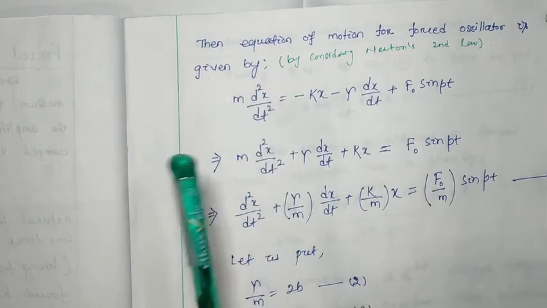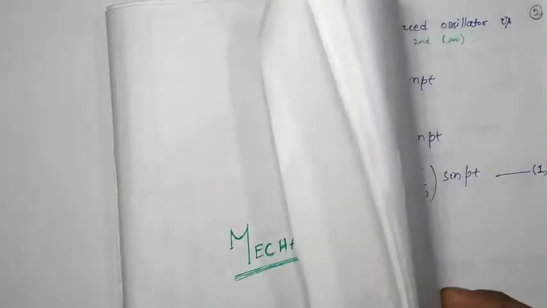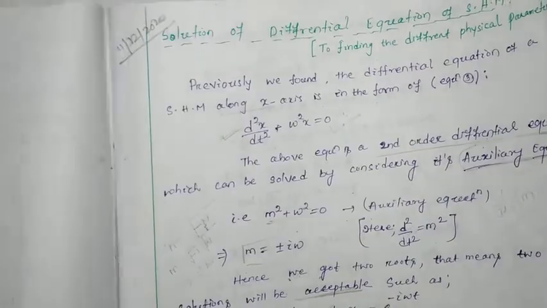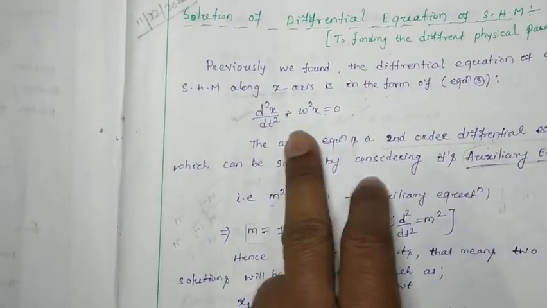We already discussed this at the initial part of our discussion, for the differential equation of simple harmonic motion, and also for the damped harmonic oscillator.